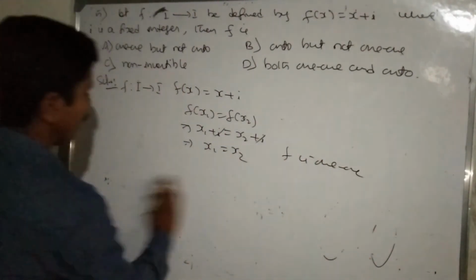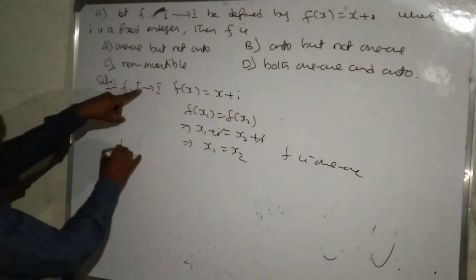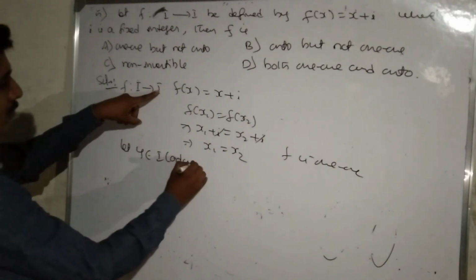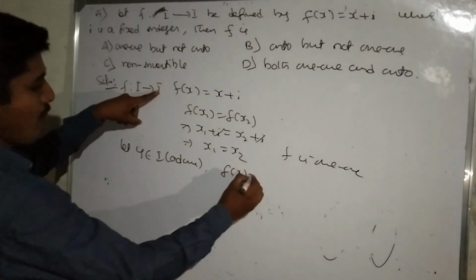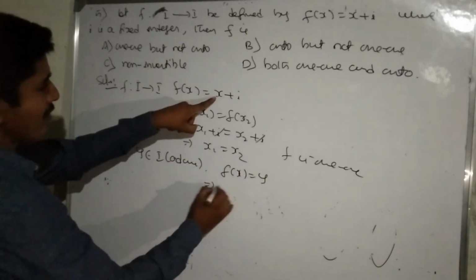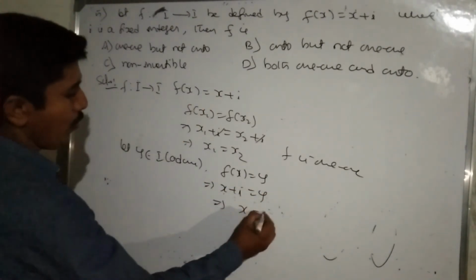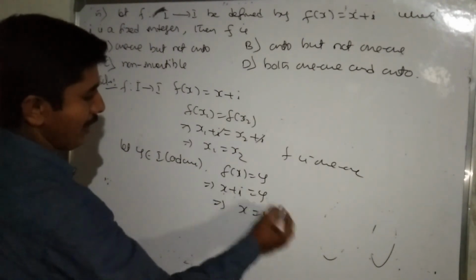Is it onto? Let us take y belonging to the codomain, f(x) equal to y. Here we have x plus i equal to y. Find the x value: x equals y minus i.